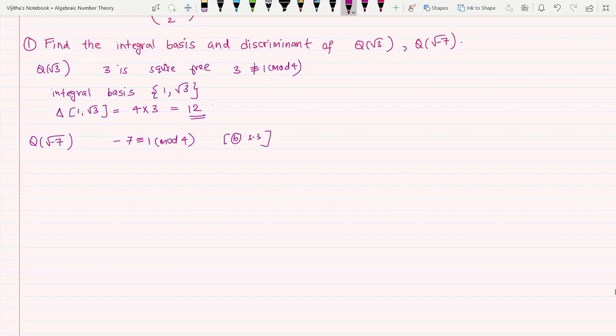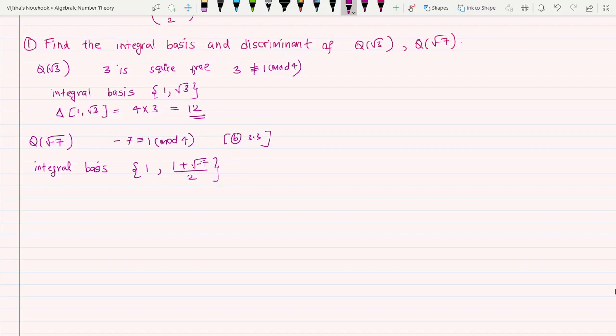From there we get that the integral basis is 1 comma (1 plus root d)/2. So you will get 1 comma (1 plus root of minus 7)/2. This is the integral basis.